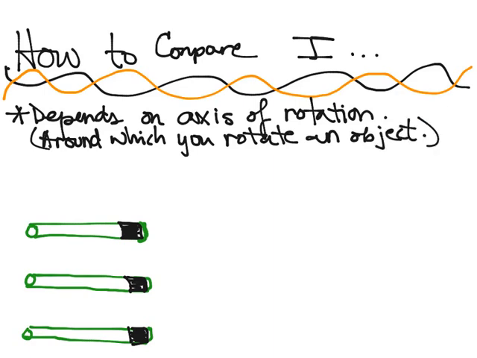If I drew an axis of rotation that went straight down the stick, then I would actually be turning the stick around in a circle this way. So where the weight was wouldn't really move, it's just kind of rotating in a circle around this line.